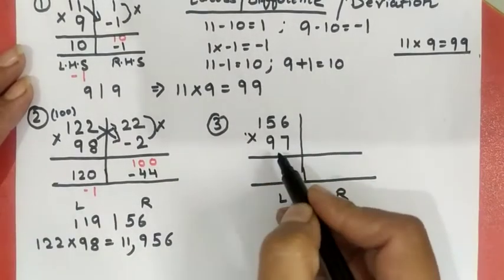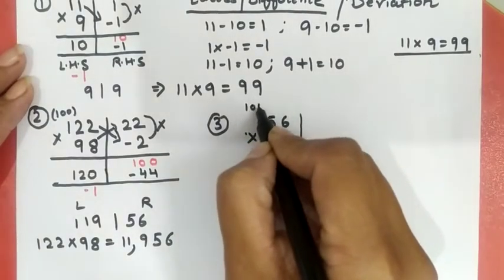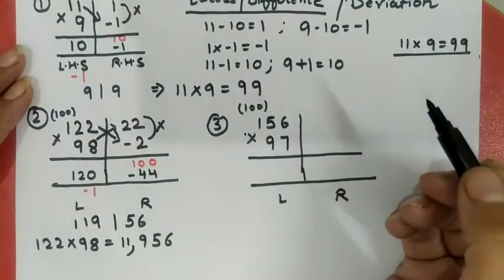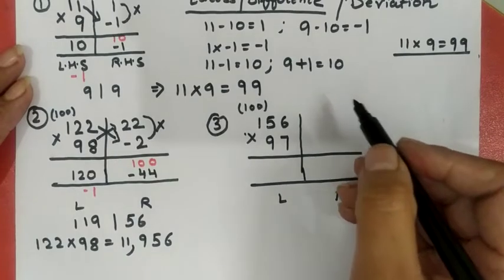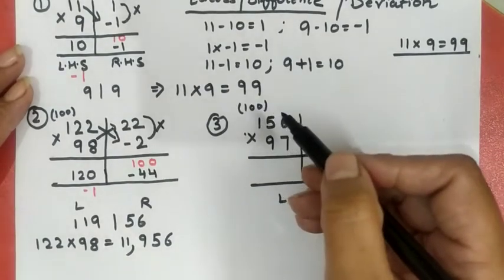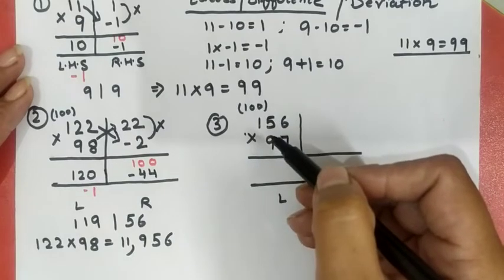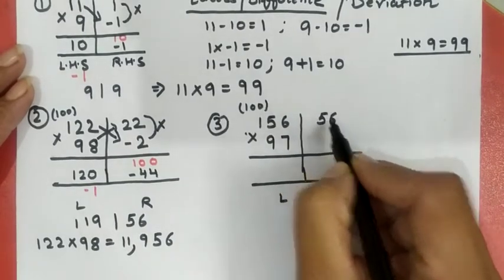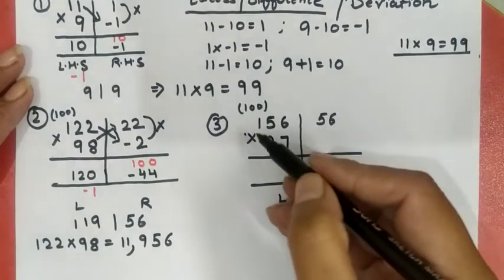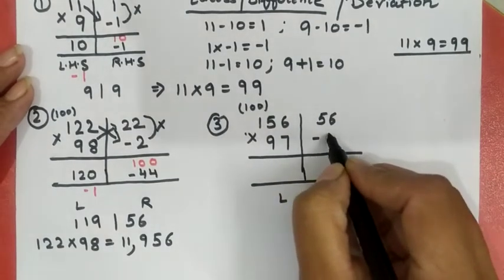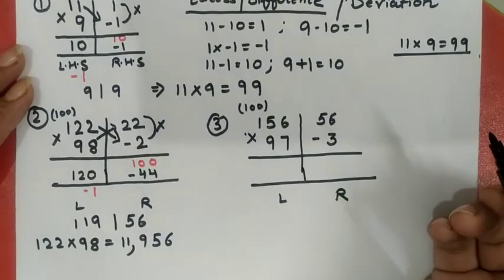We have written over here. Right, here the base, since both these numbers are close to base 100, so base is 100 over here, and the deviation of our numbers from base. So how much is 156 more than base, or what is the deviation of number 156 from base? It is 56. And deviation of number 97 from base 100, number 97 is 3 less than base 100.